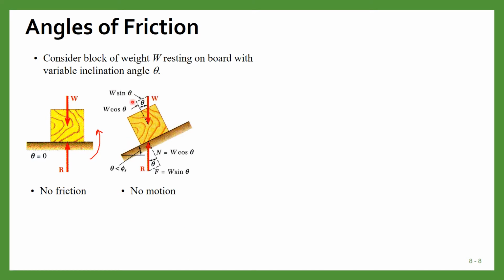Now we can break the forces into components. This force is W sin theta, this force is W cos theta. Similarly, N will be equal to W cos theta because this will balance, and F will be equal to W sin theta.